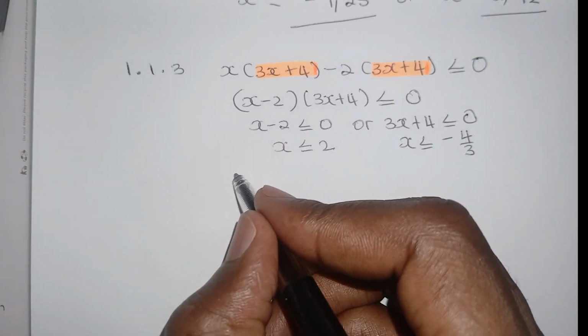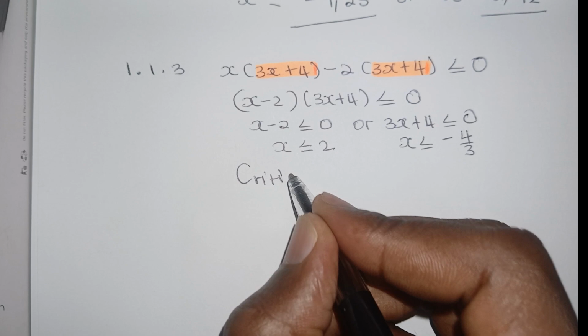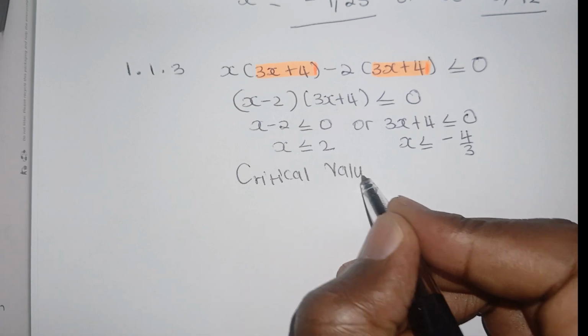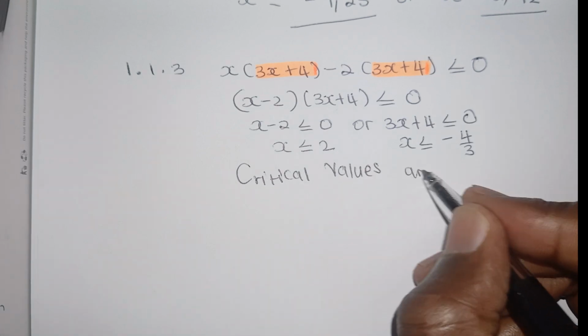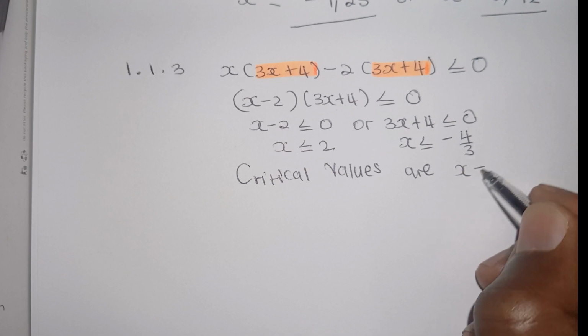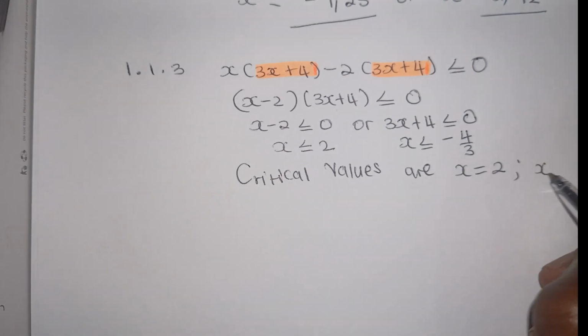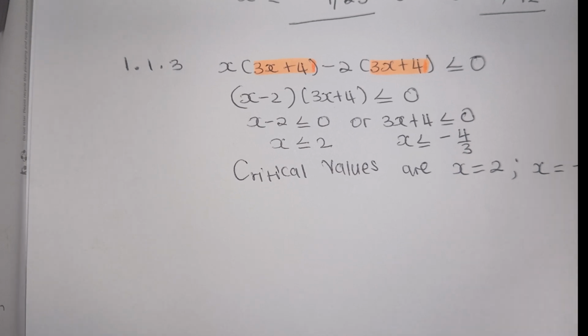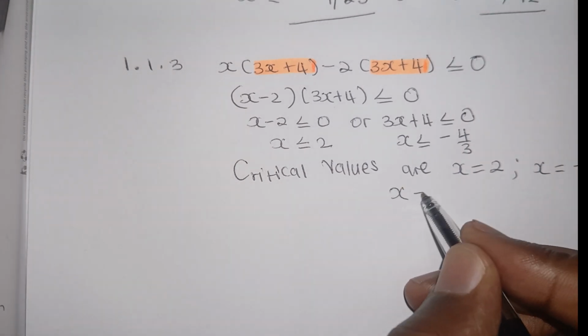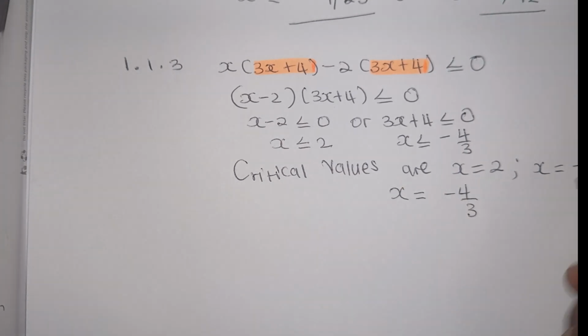So our critical values are x equals 2 and x equals negative 4 over 3.